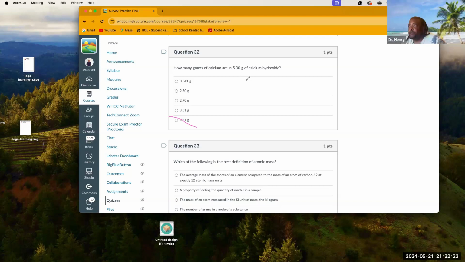Okay. So what we could do is get the percent mass of our calcium hydroxide. So we know that calcium hydroxide is Ca(OH)2. That means we're going to have one calcium, two oxygens, and two hydrogens.